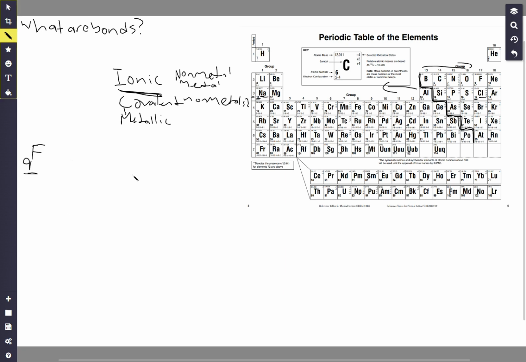Lastly, let's talk about metallic bonds. So metallic bonds, as it is in the name, occur between metals. So only metals. So metallic bonds work in a different way from ionic and covalent bonds. So let me use the example of iron, Fe. In a metallic bond, there is going to be a lattice of Fe atoms.